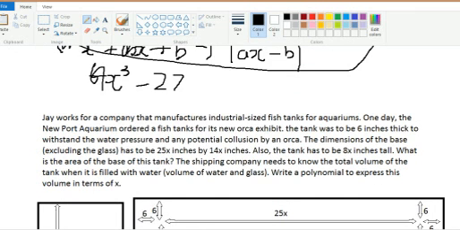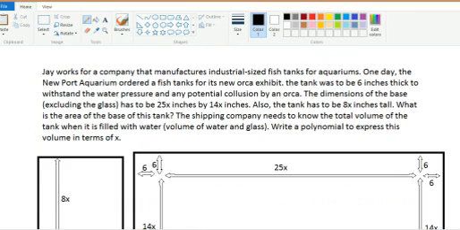Alright, so now we are going to do an application problem. So let's read this. Jay works for a company that manufactures industrial-sized fish tanks for aquariums. One day, the Newport Aquarium, Newport spelled wrong, aquarium ordered a fish tank for its new orca exhibit.